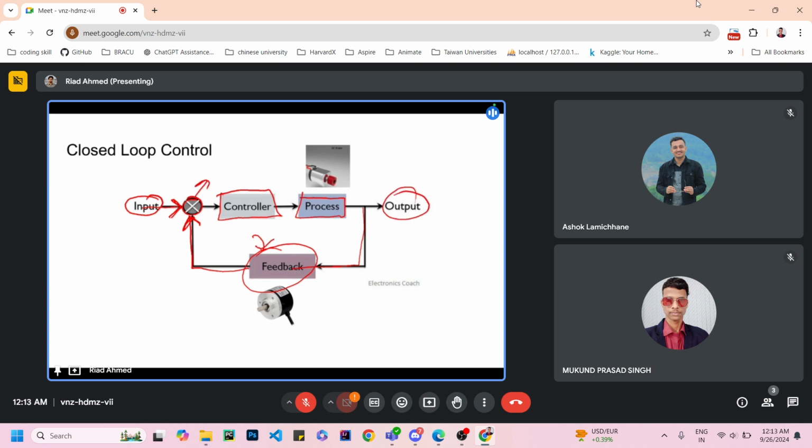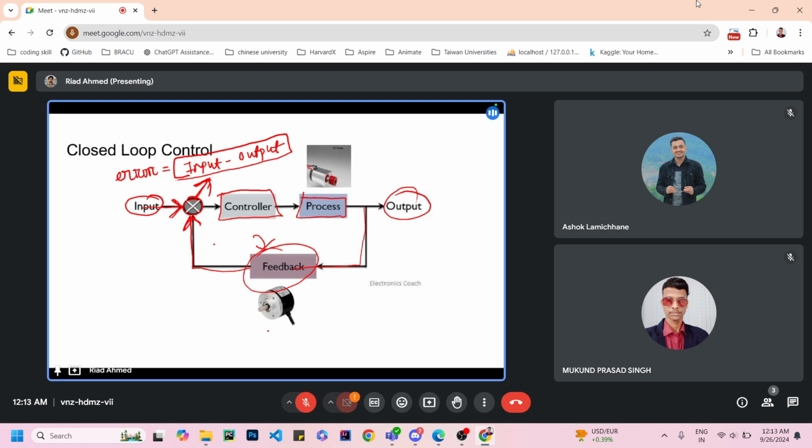So this operator is basically subtracting the output from the input. This value, the difference of input and output, is called error.